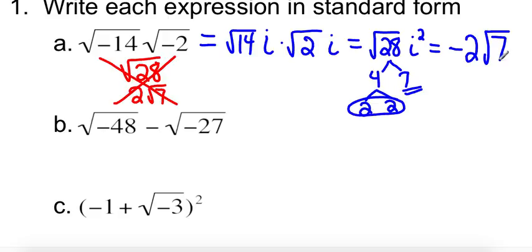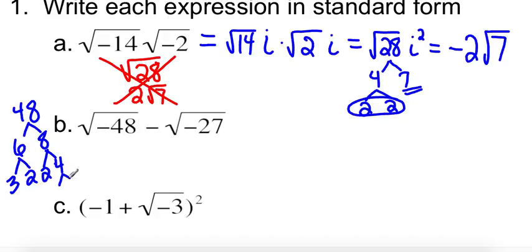Moving on to subtracting. Remember, you can only subtract like radicals, and that includes if it has an i or not. So let's clean up the square root of negative 48. If you do a factor tree on 48, it's going to be 6 and 8, and 3 and 2, and that was supposed to be a 4.